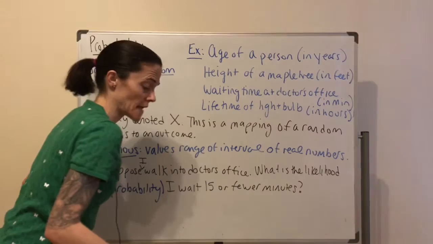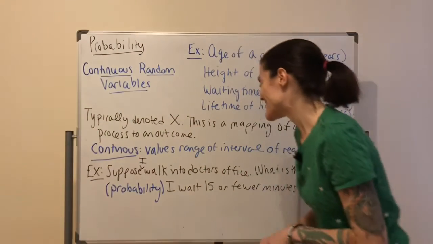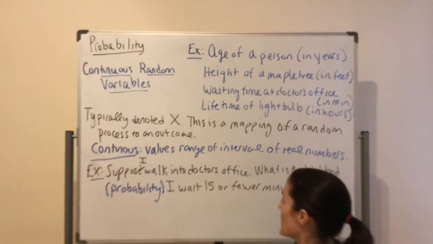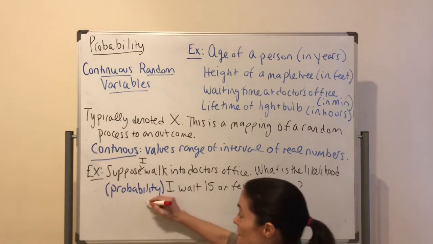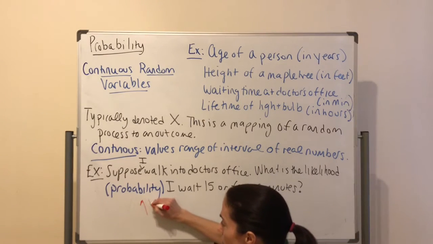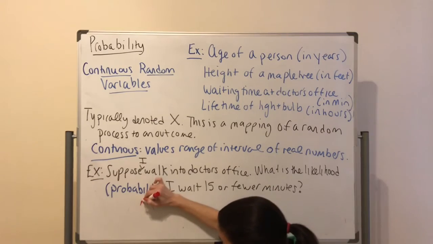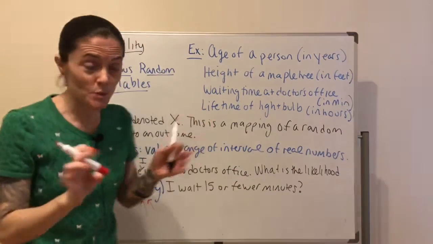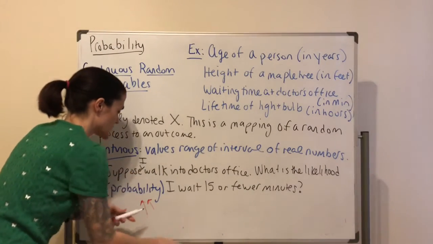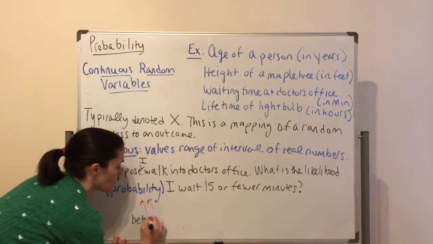Now, what's the notation for something like this? Well, maybe before I discuss notation, let's mention this word now, because this is the whole topic of this lesson. Probability is a number between 0 and 1.